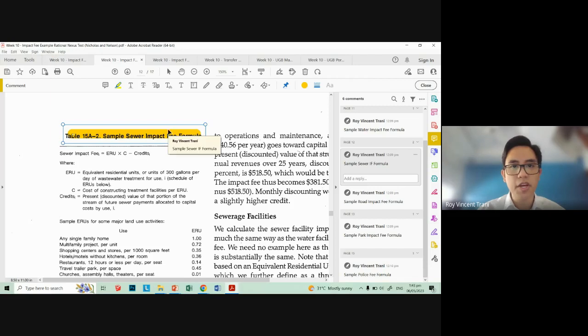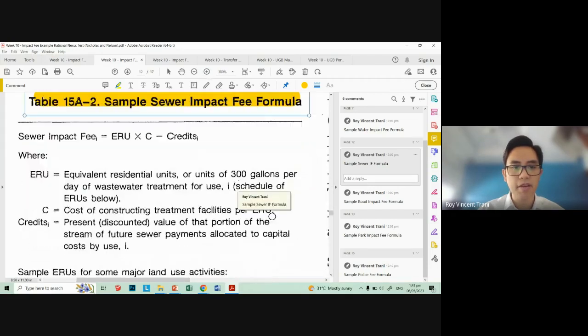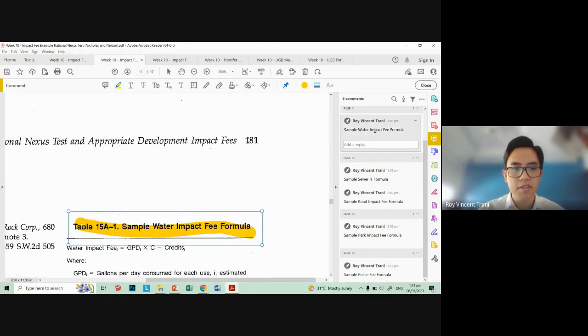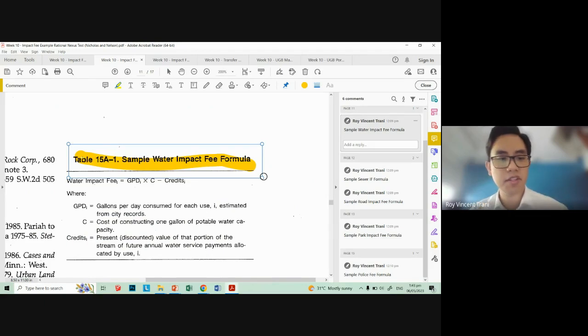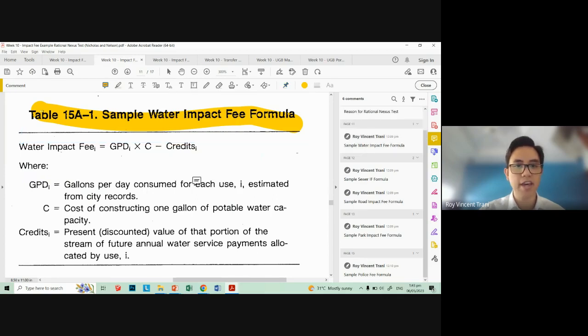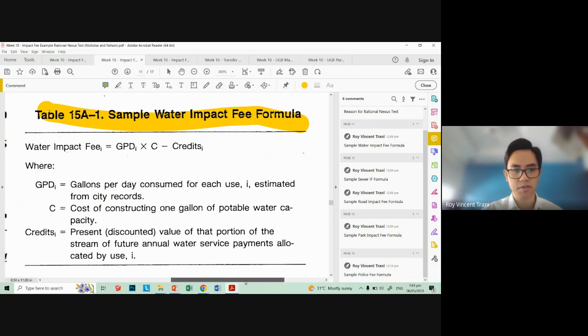here is an equation for a sample of sewer impact fees. Let's start with water impact fees first. So water impact fee equals the gallons per day, that's GPD, times what they call the cost of constructing one gallon of potable water capacity, and then minus what they call the credits, the present discounted value of that portion of the stream of future annual water service payments allotted or allocated by use.